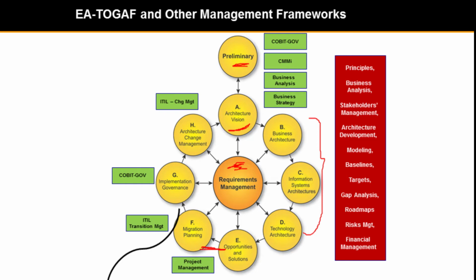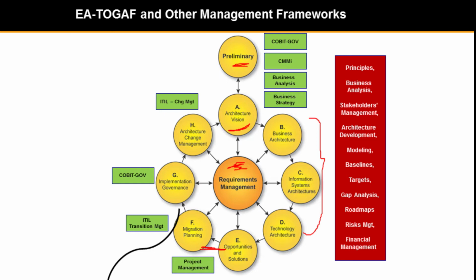You notice we have a two-way relationship between each and every one of these phases and requirement management, and that is because as we start working with these different phases, we may be changing or invoking or modifying some of those requirements, and that's why you see that relationship throughout the life cycle.